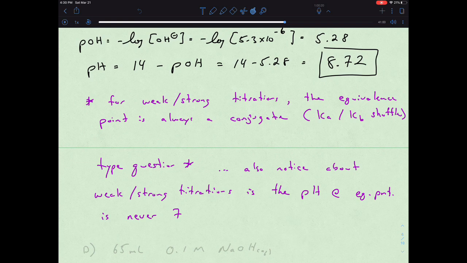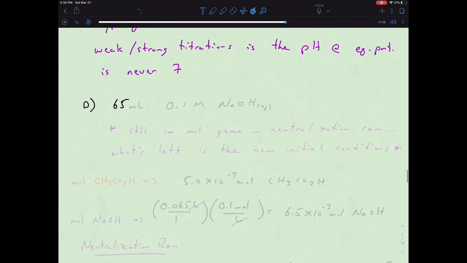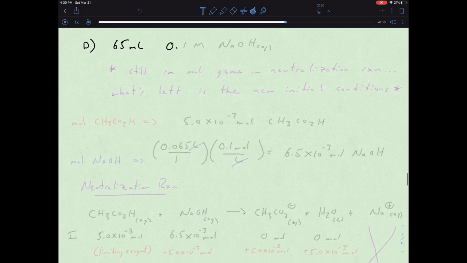Part D, almost there, people. End of the titration, we've now added 65 milliliters of the 0.1 molar sodium hydroxide. So we're still in the mole game.